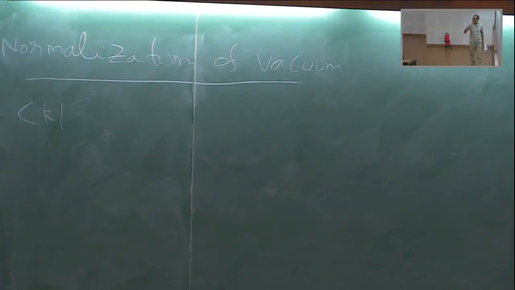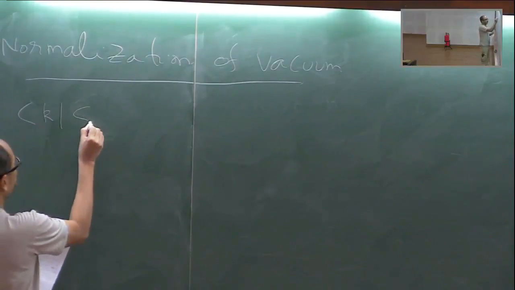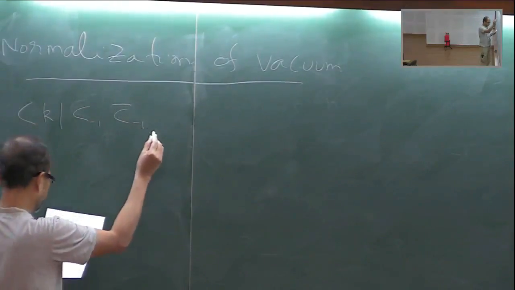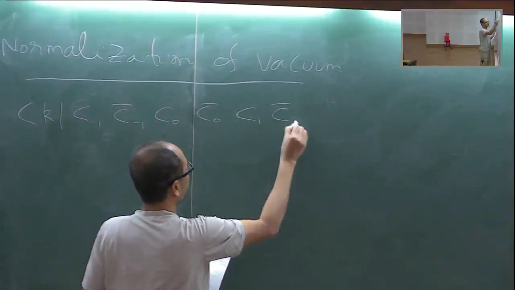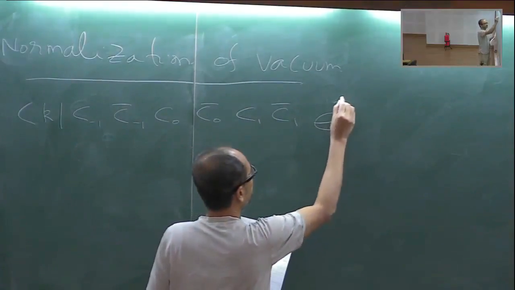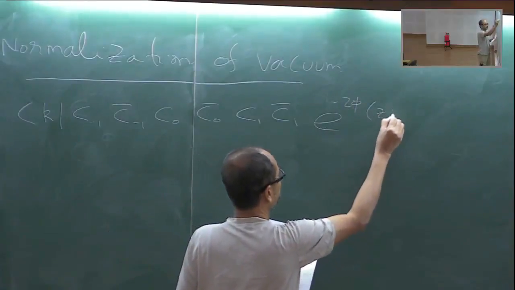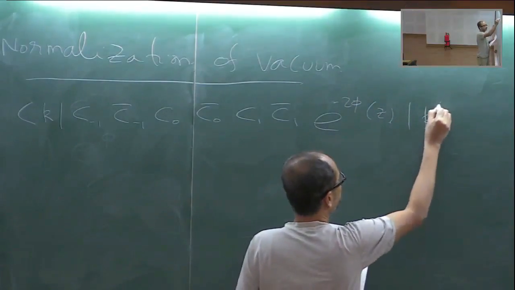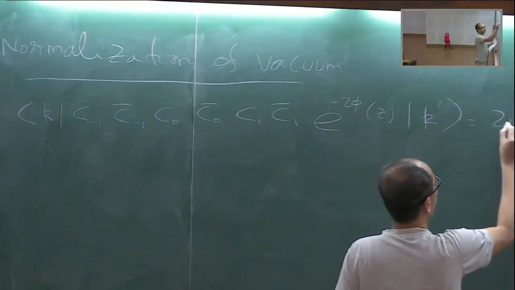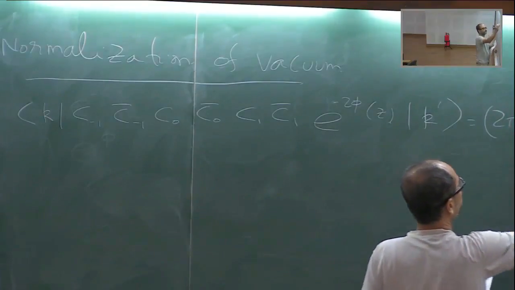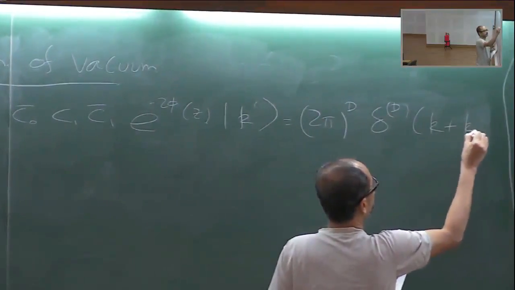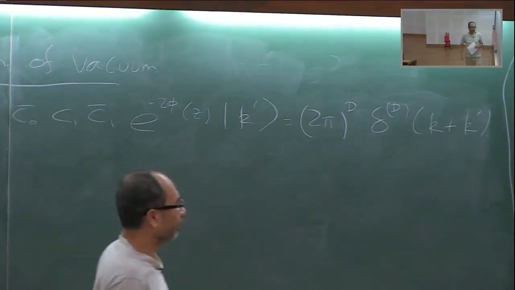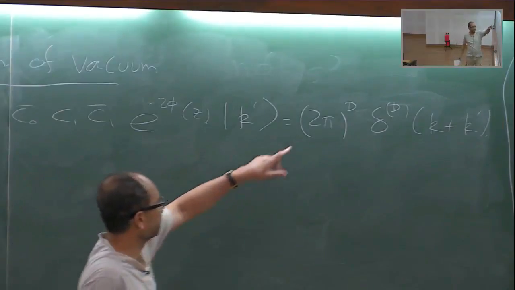So it's like e to the i k dot x acting on the SL2C invariant vacuum, so C minus 1, C bar minus 1. Okay, so D is the number of non-compact dimensions.